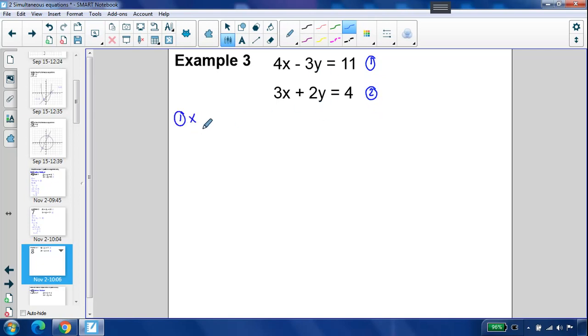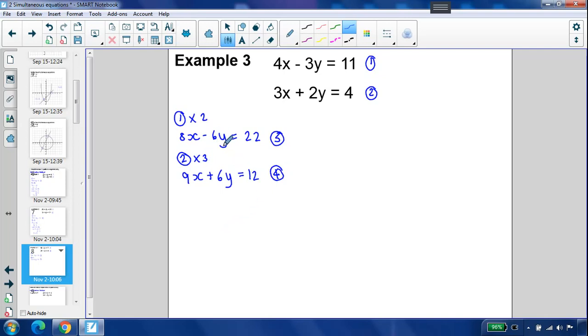So 1 multiplied by 2, I'll have 8x minus 6y is equal to 22. And I'll call that equation 3. And then 2 multiplied by 3, I'll get 9x plus 6y is equal to 12. And I'll call that equation 4.